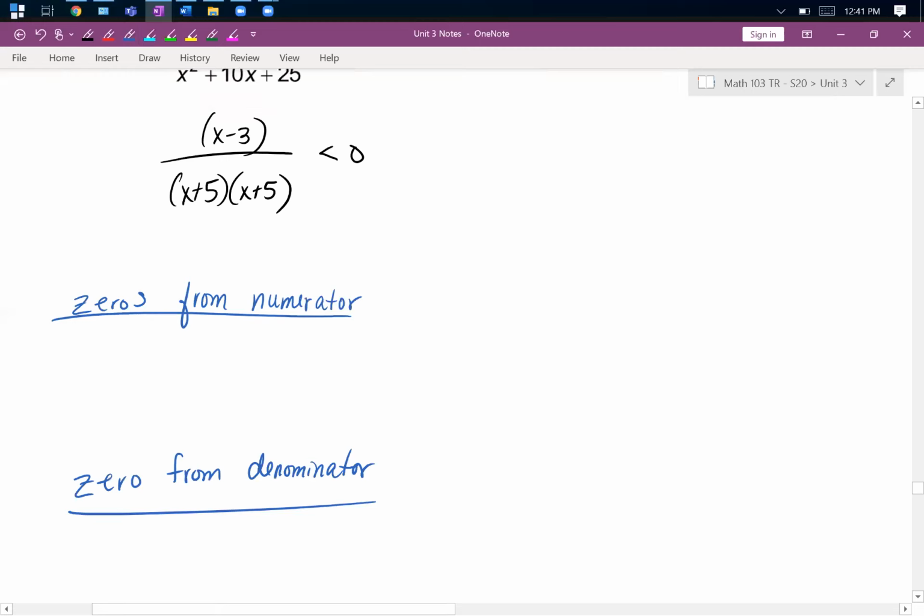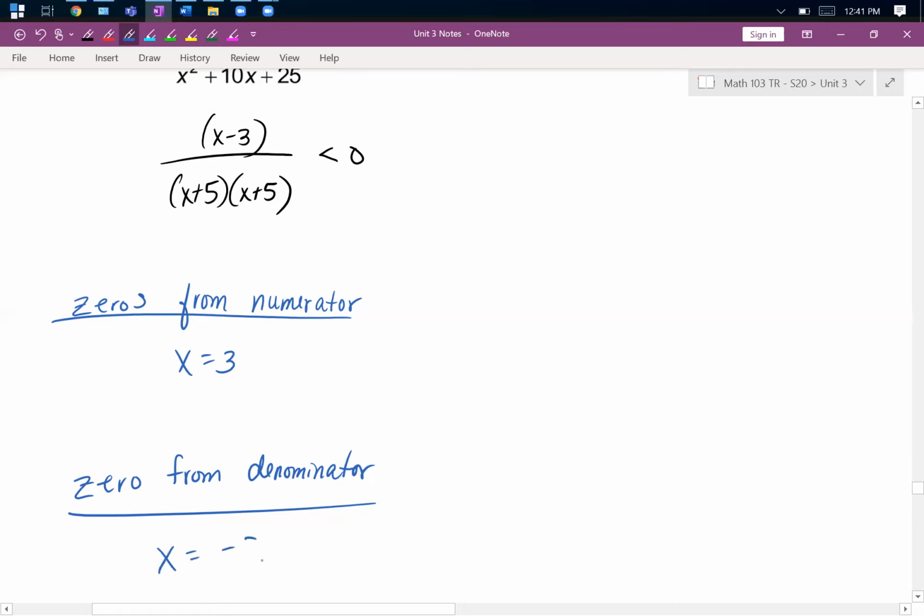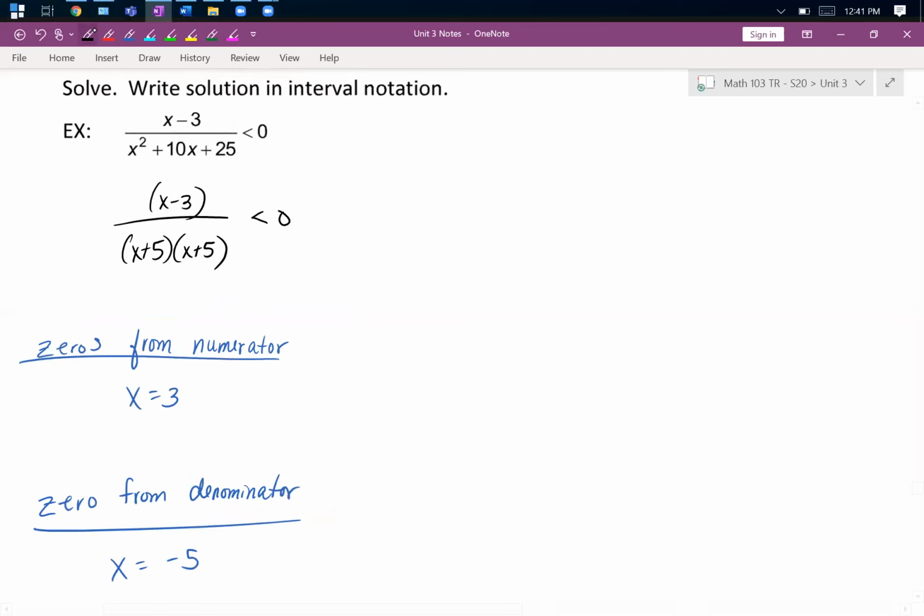All right, so what are the zeros from the numerator going to be? Three. Great. And then our denominator? -5. All right, notice we get that -5 twice. There's no reason to list it twice. So we just got these two zeros, one from the numerator, one from the denominator.